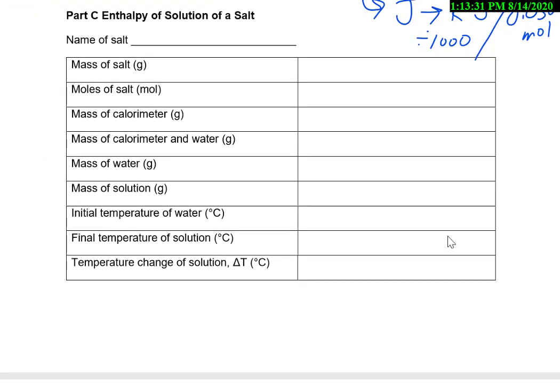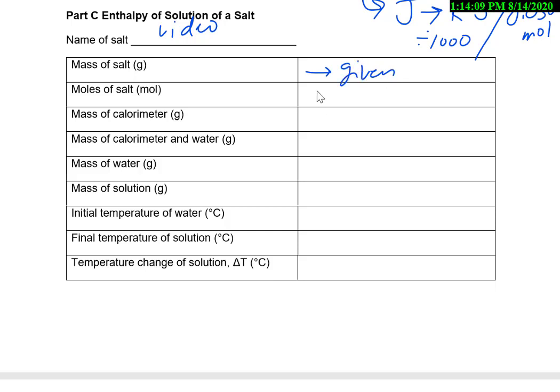Okay, and then part C, we're looking for enthalpy of solution of a salt. So we are taking a salt and we're going to be dissolving it into water. Here for part C, we'll be dissolving a salt or some ionic compound into solution, into water. You will get all of this data from a video that's posted. So you'll be given the mass of the salt.